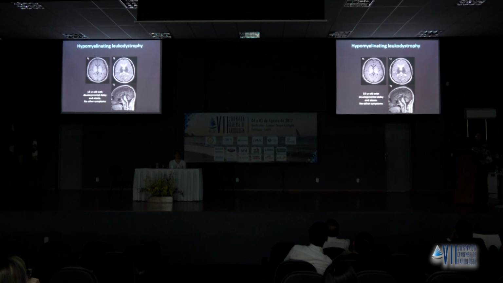So here's another example of a hypomyelinating leukodystrophy. This is a 15-year-old with developmental delay and ataxia and no other symptoms. And the brain, you know, it doesn't look very good. On the T1 weighted imaging, the myelination could look normal, but sometimes it can look undermyelinated, so it can be a little tricky.